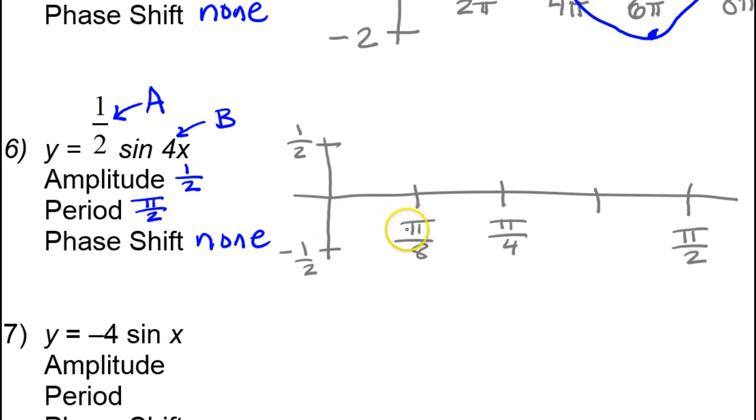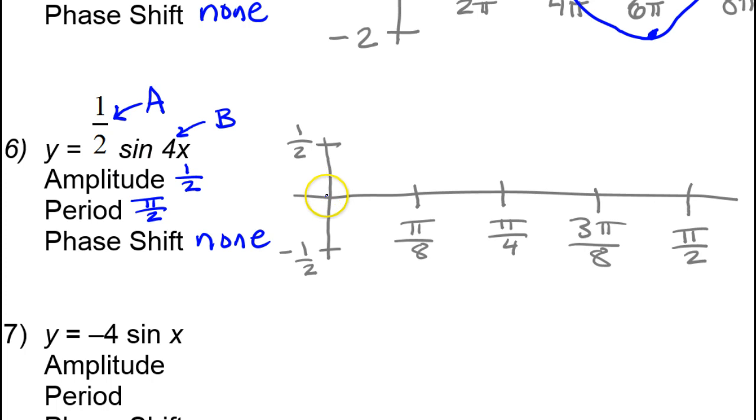Using the smallest interval to count, my smallest interval is pi over 8. So I will think 1 pi over 8, 2 pi over 8, 3 pi over 8. And that's how you can find the name of that position.